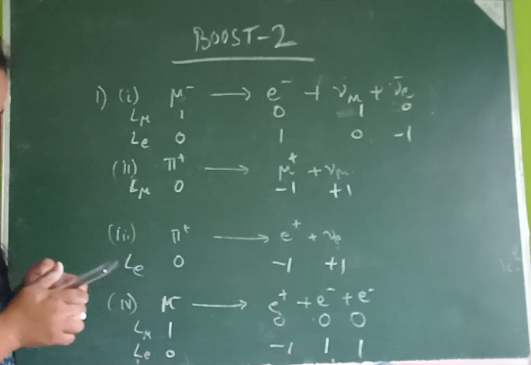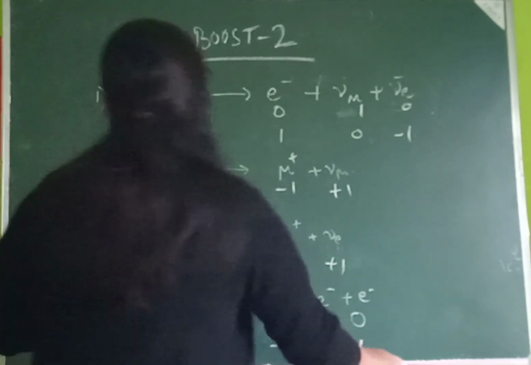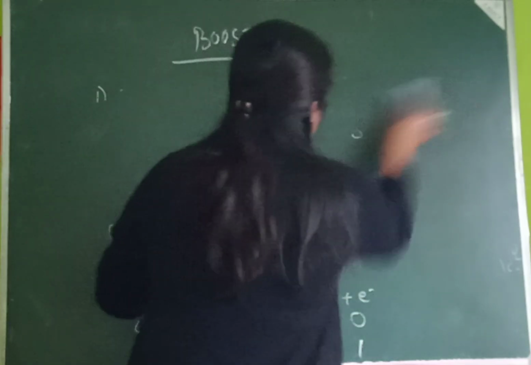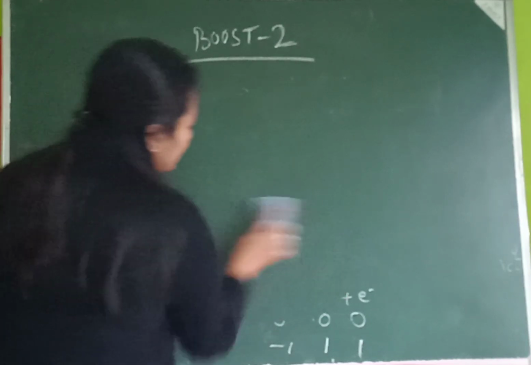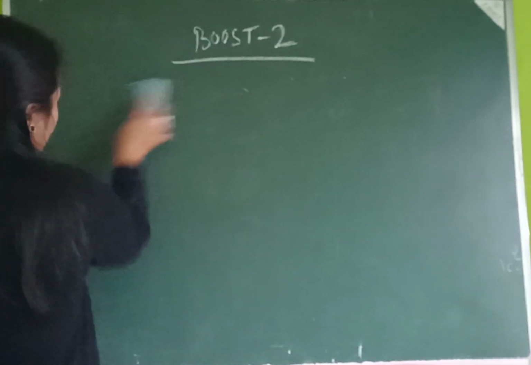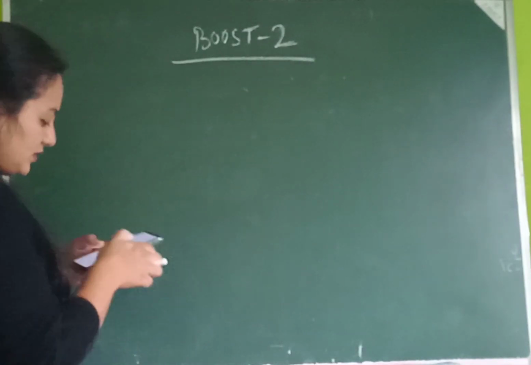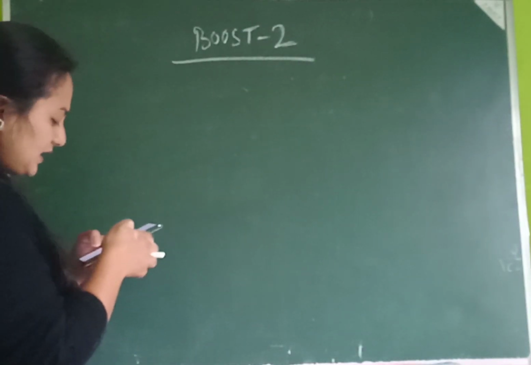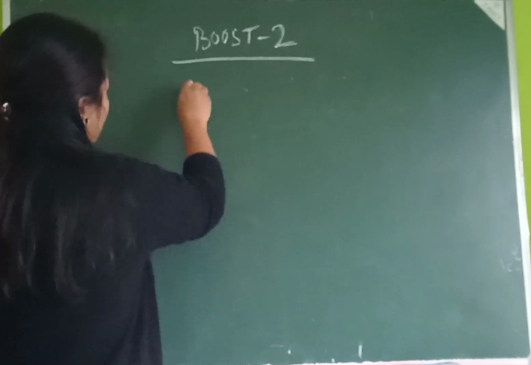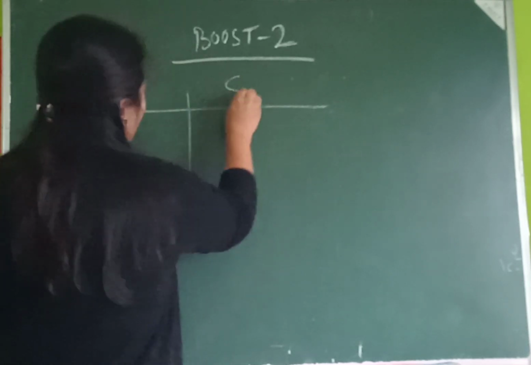Okay. So moving on to the next question, this is a true or false statement. This question was given to check whether you are sure about strangeness conservation in different interactions.